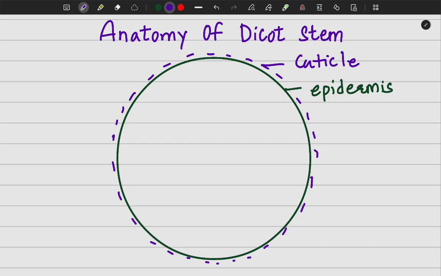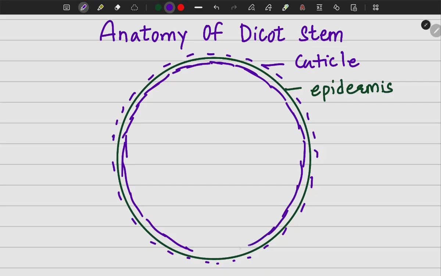Now, below the epidermis, we will get a hypodermis. Hypodermis is present below the epidermis, and this hypodermis is made up of collenchyma cells. Alright, so this collenchyma provides mechanical strength to the young stem.